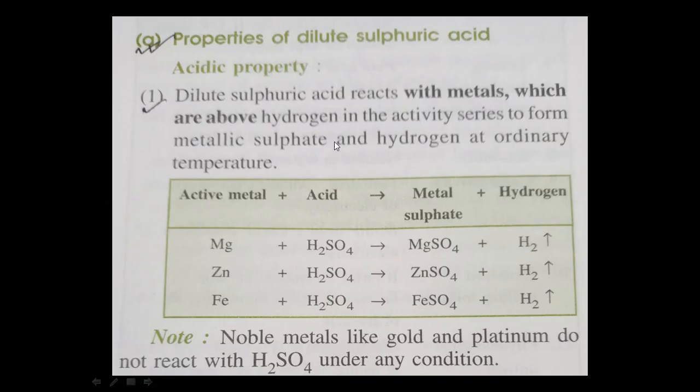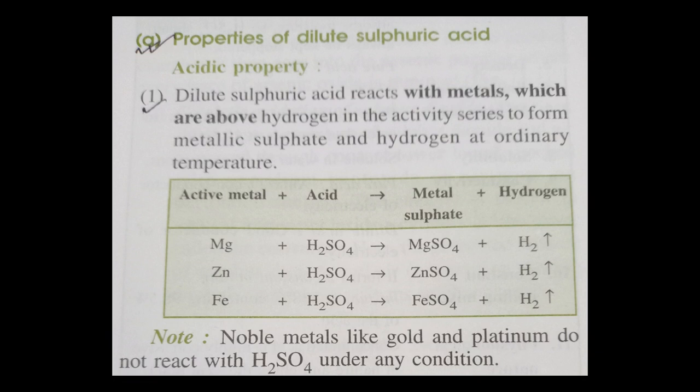Okay, now properties of dilute sulfuric acid. Acidic property. Dilute sulfuric acid reacts with metals which are above hydrogen in the activity series to form metallic sulfate and hydrogen at ordinary temperature. So how does dilute sulfuric acid react?